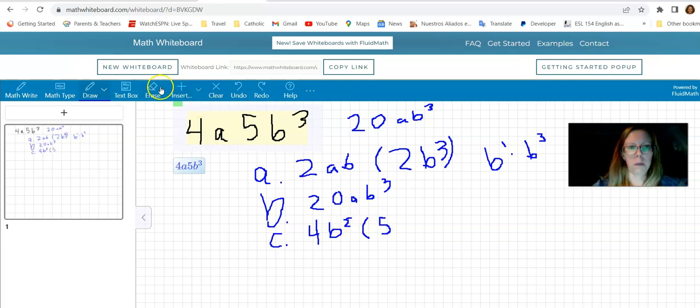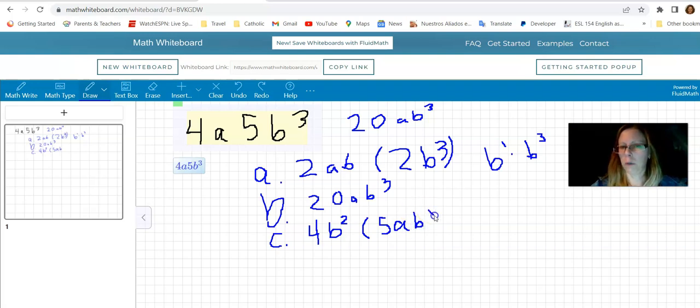I'm going to erase this and rewrite it so it looks more like a 2. 4b squared times 5ab. Let's do the math and see if these are equal or not.